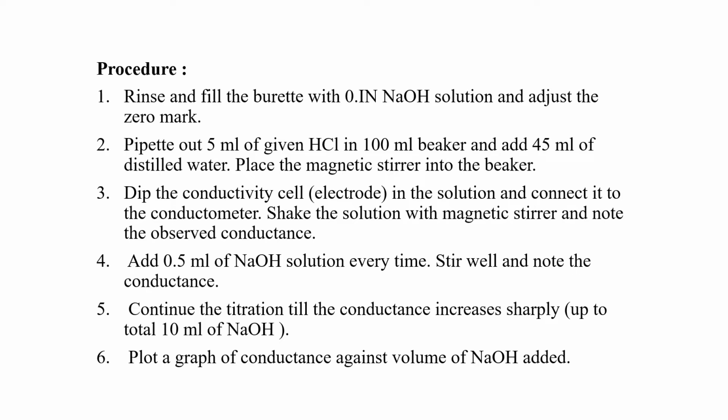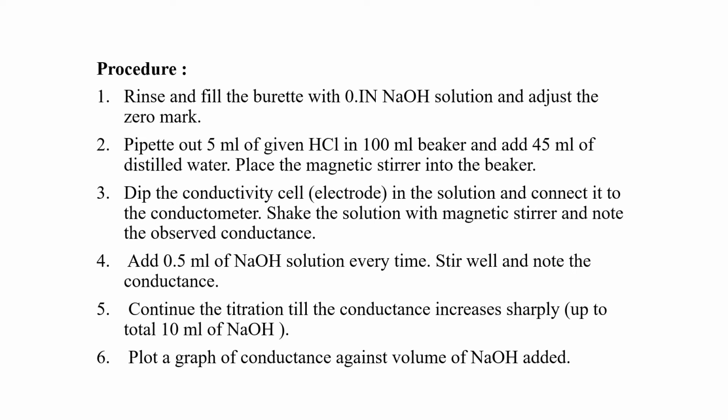If the magnetic stirrer is not available, then shake the solution by hand. Now add 0.5 ml NaOH solution from the burette, and every time after addition, stir the solution well and note down the conductance.